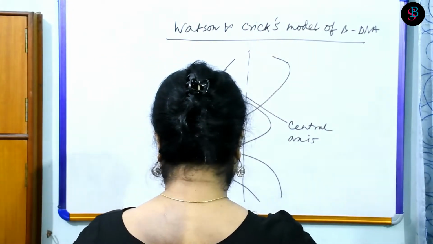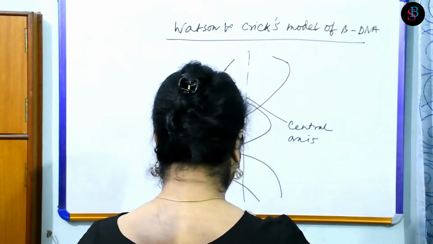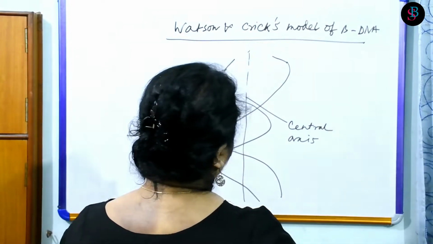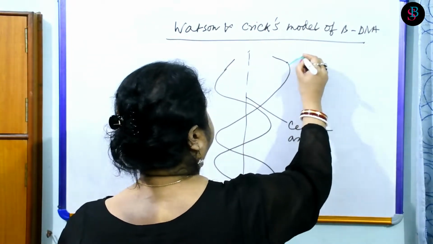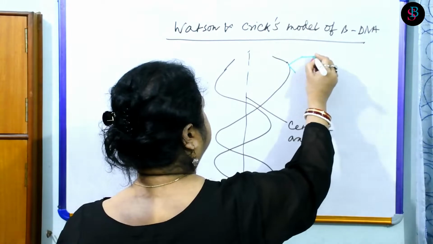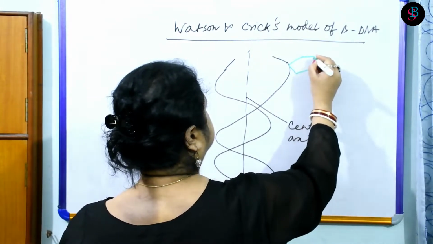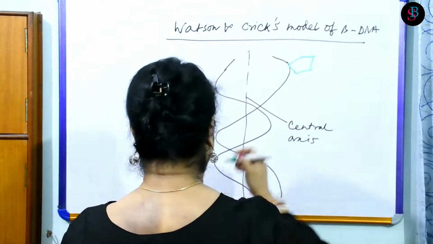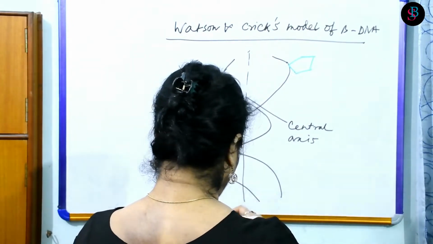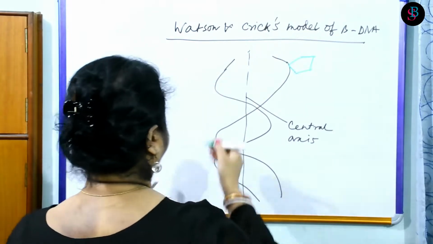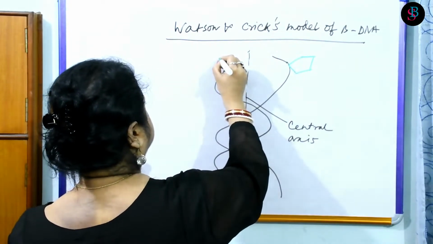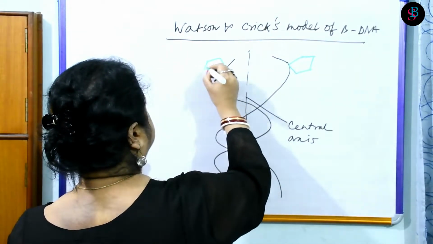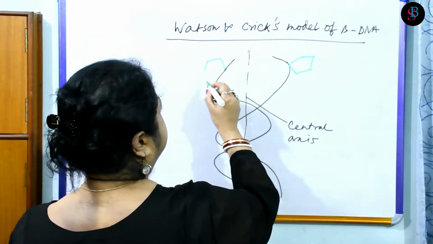They have their line on the sugar phosphate backbone. Already in my last video I have told you about the pentose sugar. So a 5-carbon ring is there, which is naturally a pentagon.